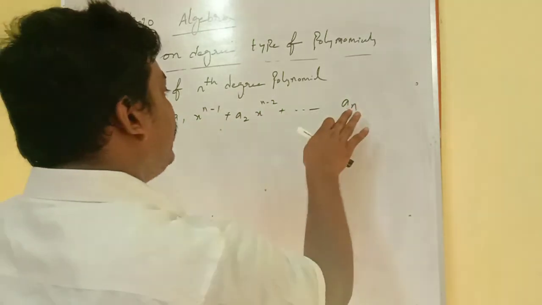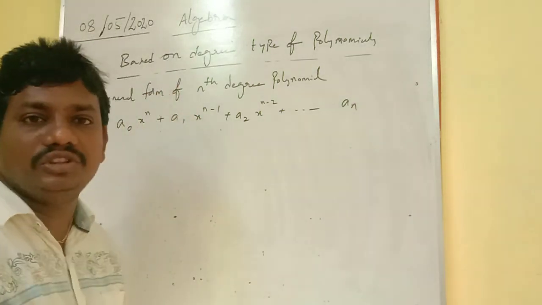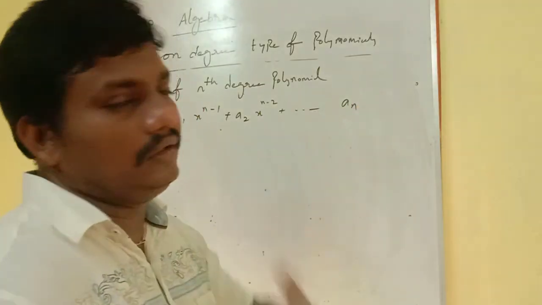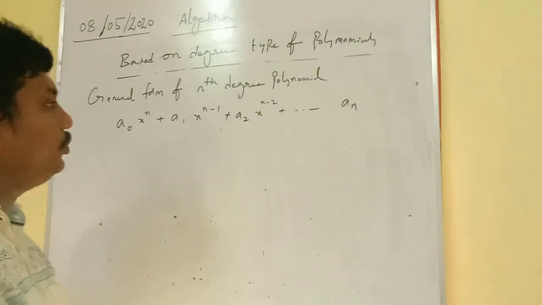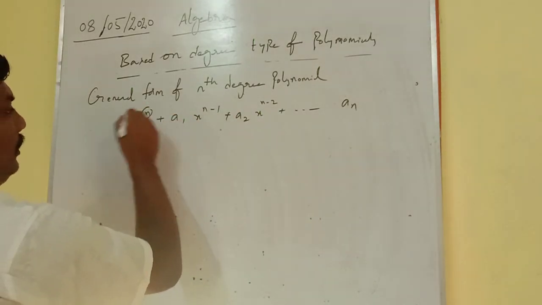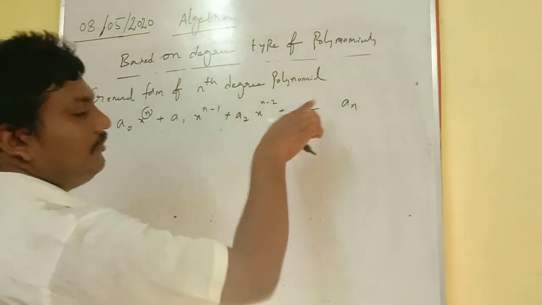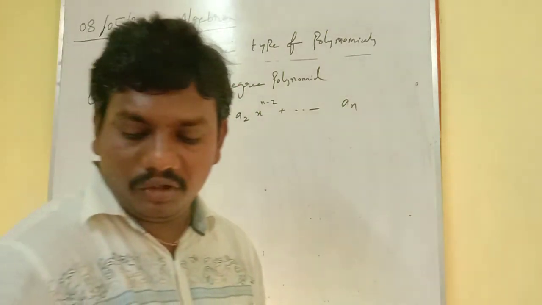Finally we get an x power n minus n, which becomes x power 0, so an is the constant term. Its degree is n, because the highest power is n. Compared to the remaining terms, the powers decrease by 1, so the highest is n. That's why it is an nth degree polynomial.